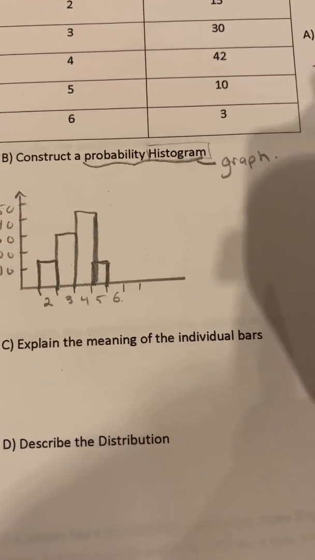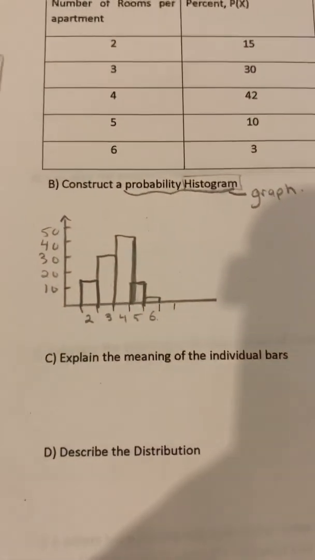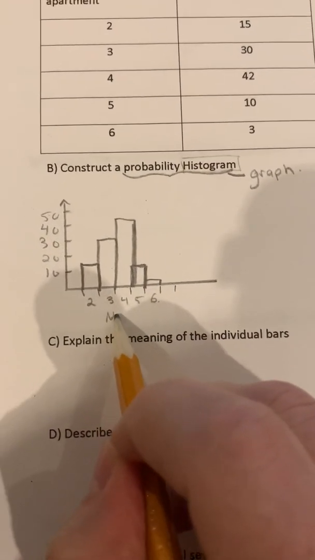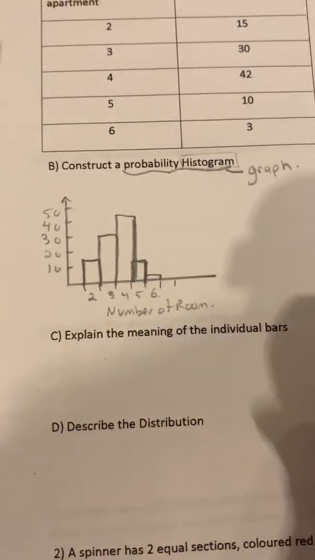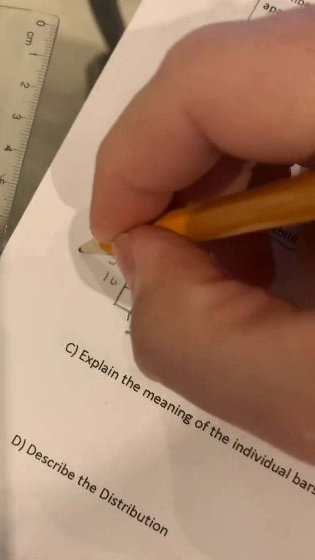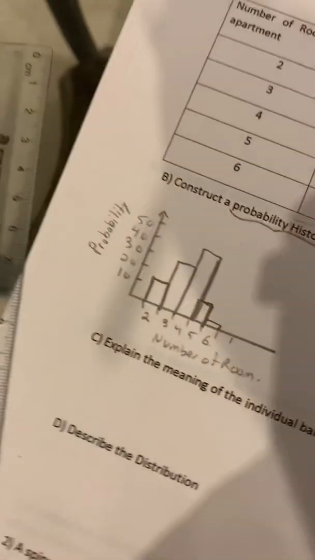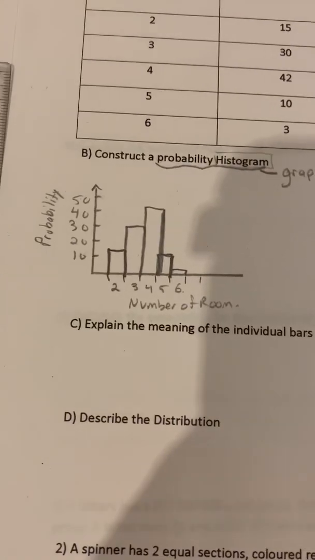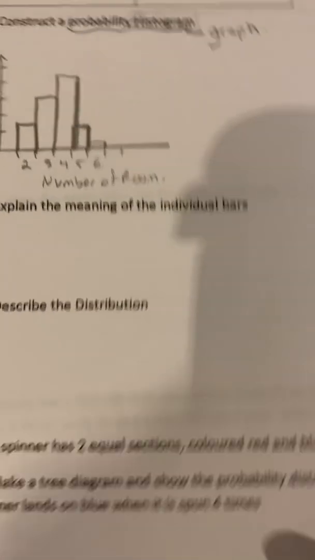And lastly, 6 rooms at 3%. Okay, so number of rooms and our probability. Okay, so that's the probability histogram.